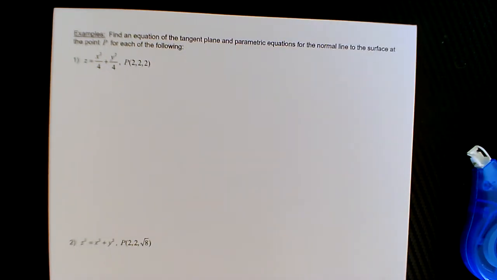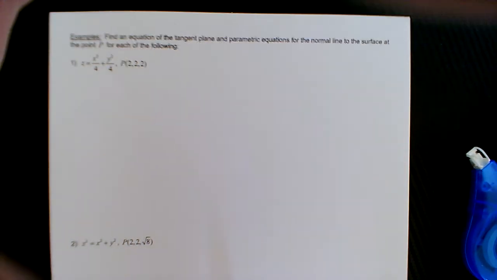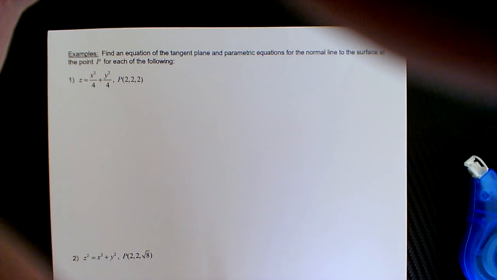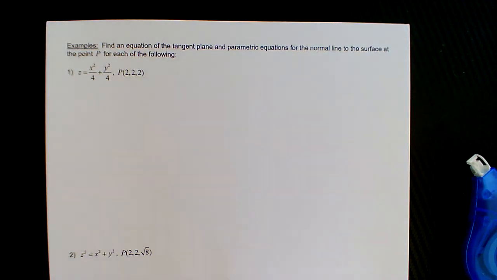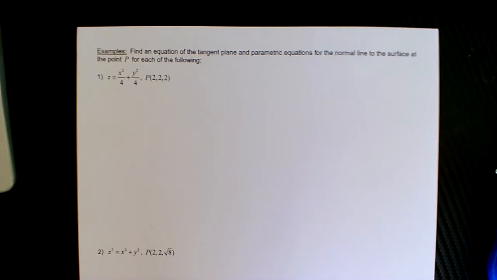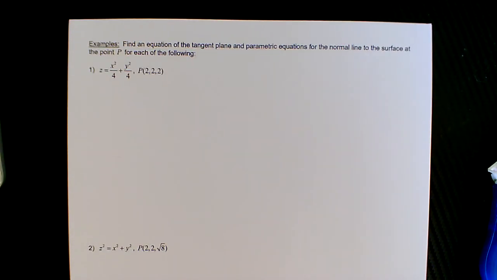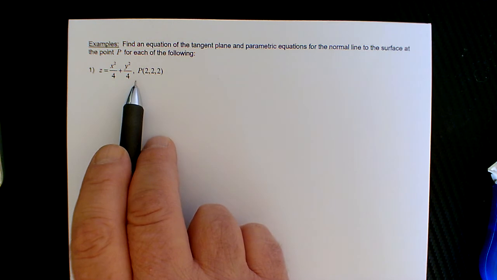Okay, so let's see if I can focus that a little bit better. That's good. Okay, so here we want to find the equation of a tangent plane and the parametric equations for the normal line to the surface at a given point. So we're going to do two examples.